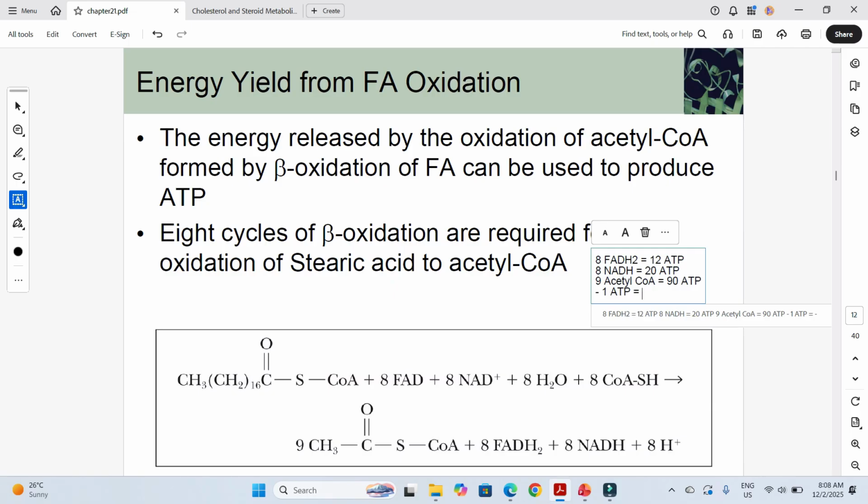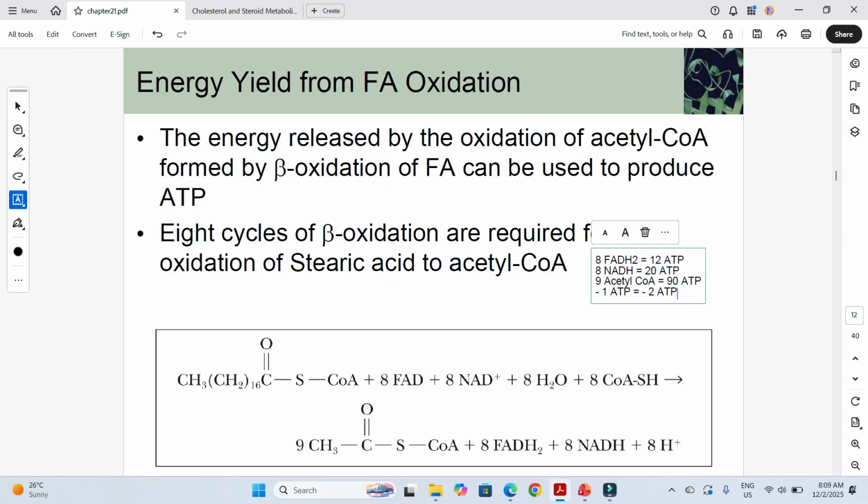We've formally used up 2 ATP molecules because we have broken 2 high energy phosphoanhydride bonds, so minus 2 ATP.